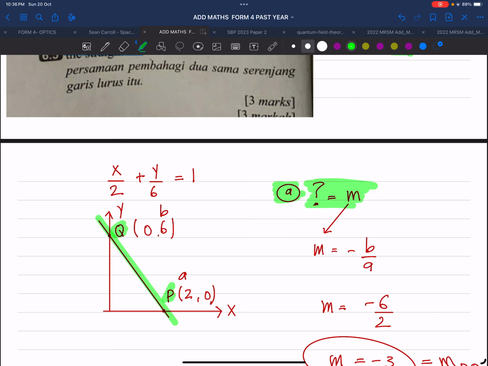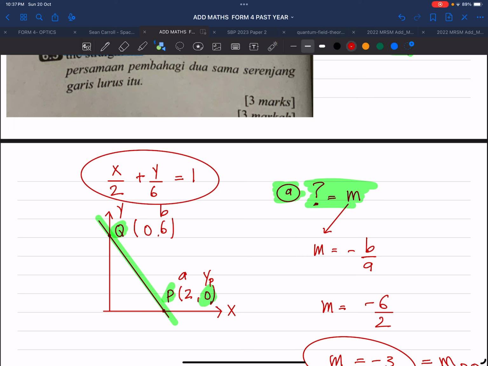A point on the x-axis, the y-coordinate is 0. So here, this is yp. So how do I get the xp? From this equation, what I do is I'm going to substitute that the yp equals to 0.